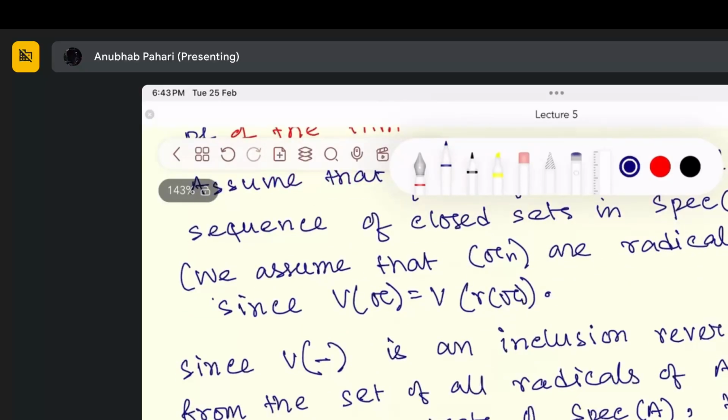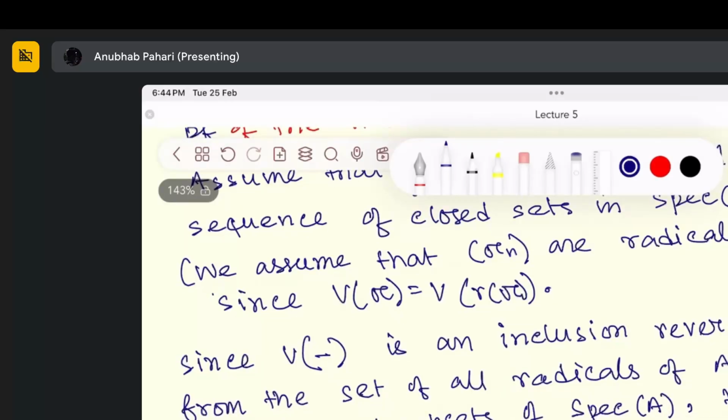Now this implies that the initial chain stabilizes, and therefore space K is a Noetherian topological space.